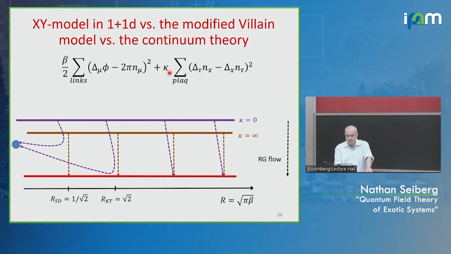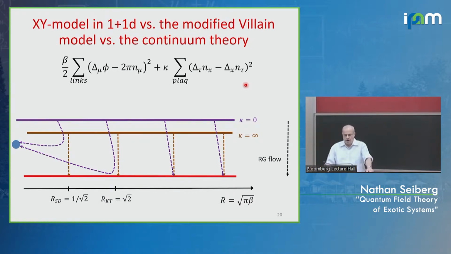As kappa goes to infinity, the gauge field n mu becomes flat because it forces this term here to be 0, because kappa is infinite, and we have e to the minus kappa times this term in the action. And as kappa becomes large, every configuration where n is not flat gives 0 to the functional integral, and we can forget about it. And then the model with kappa equals infinity was analyzed using a trick.